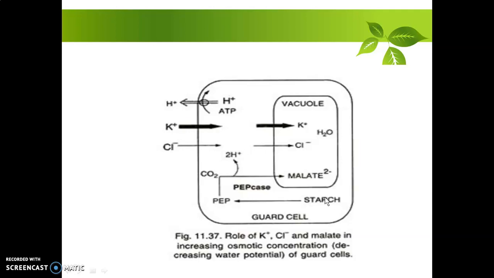Here the starch is converted into malate in presence of CO2. Here potassium chloride and malate ions enter into the vacuole of the cell, which results in the increasing of the osmotic pressure of the cells, due to which the water from the mesophyll cell enters into the guard cell, and the guard cell becomes turgid, and finally the stomata opens. Thanks.